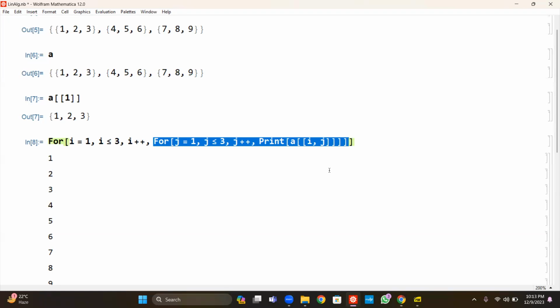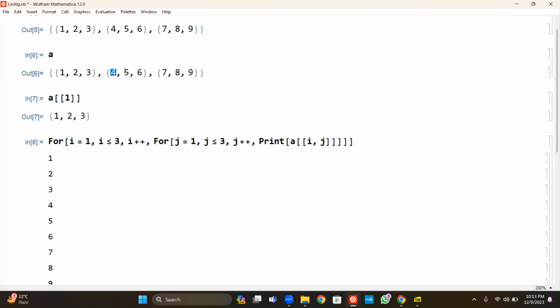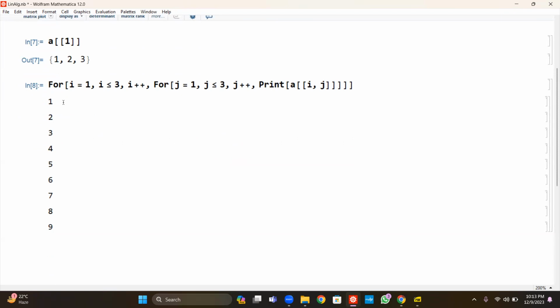And this time, we are fixing i equals 2 here, and j runs from 1 to 3. So for i equals 2, we are accessing the second element of the matrix, of the set. And since j runs from 1 to 3, j equals 1 means this guy, 2 means this guy, 3 means this guy, and so on. Hence, we are getting all these outputs serially from 1 to 9.